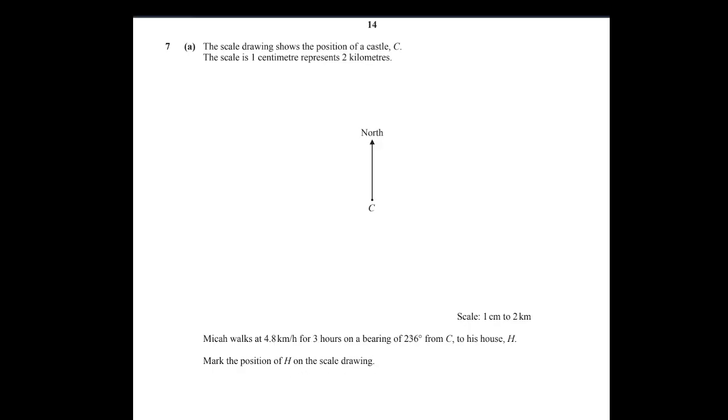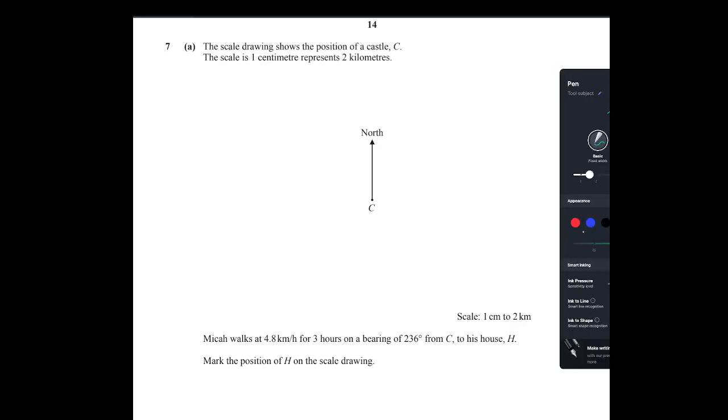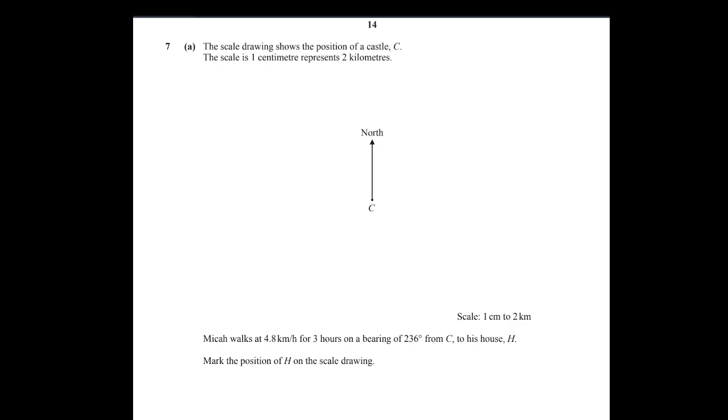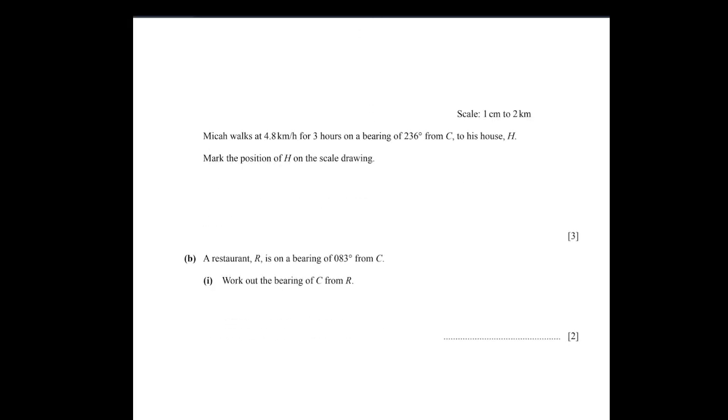So this scale drawing needs protractor and ruler, so in this app I cannot do that. I will be making a separate video for this and I will put it in the description box, so you can go through the video and find out how to draw the bearing and the position.